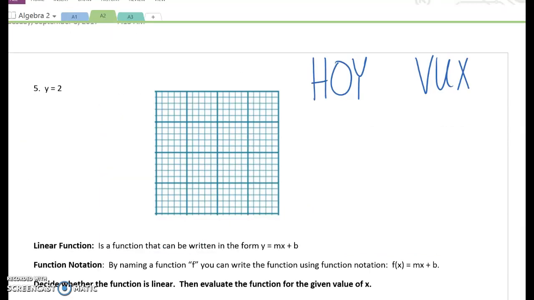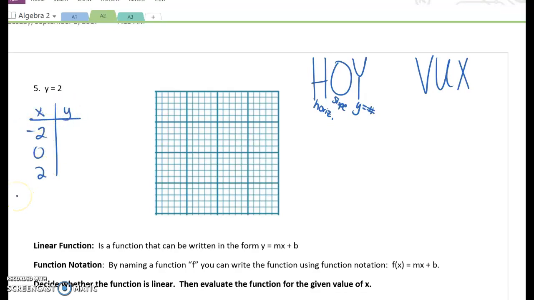Y equals 2. Notice there's no x in that equation. When all you have is y equals a number, it is a horizontal line, and your slope is 0. So, hoi: horizontal line, 0 slope, y equals. If you were to do the table of values, this is actually kind of interesting to look at.